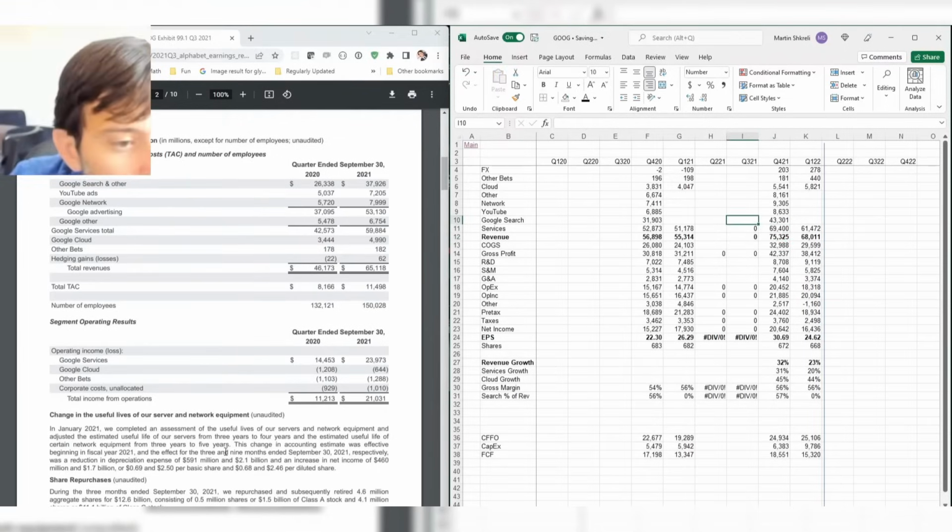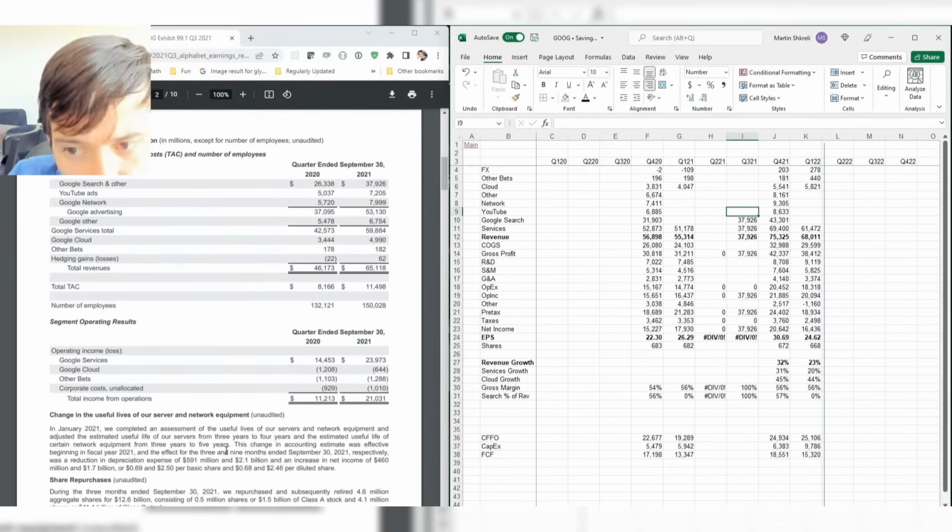All right. Search, search, search. Well, they didn't. Oh, no, they did. Okay, let's see. 37,926, 7205, 7999, 6754, 90, 182, 62. All right.